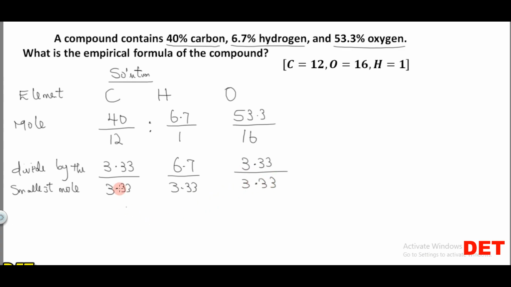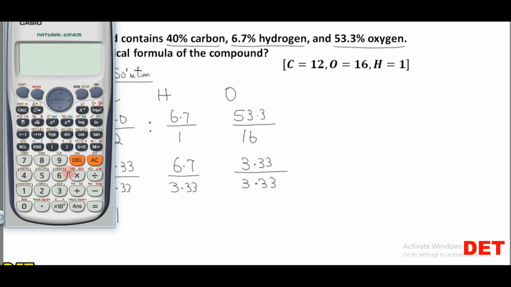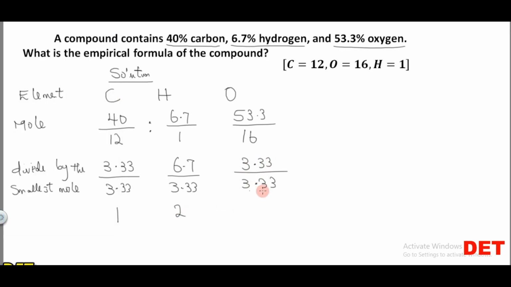So 3.33 divided by 3.33 will give us 1. 6.7 divided by 3.33, if I press that in my calculator, is equal to 2.012, so that's approximately 2. And 3.33 divided by 3.33 will give me 1.